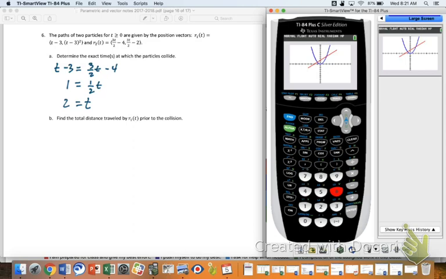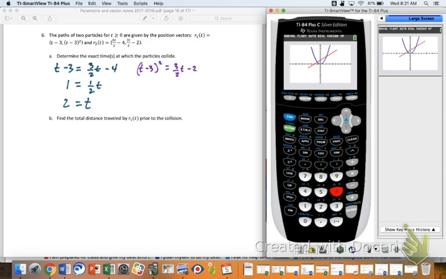So t equals 2 is potentially a collision time. But I need to double check and make sure that the same thing is happening at the y's, right? You could do this a number of ways. I think I'm just going to set the y's equal to each other just to point back to our graph a little bit. So that would be t minus 3 quantity squared is equal to 3/2 t minus 2.